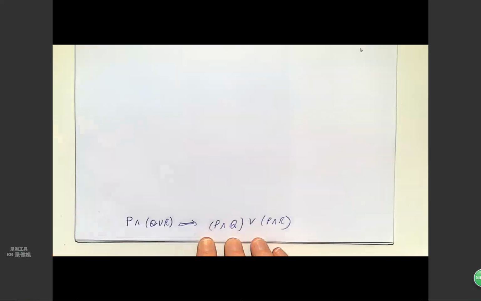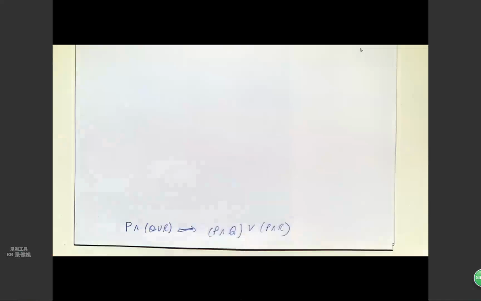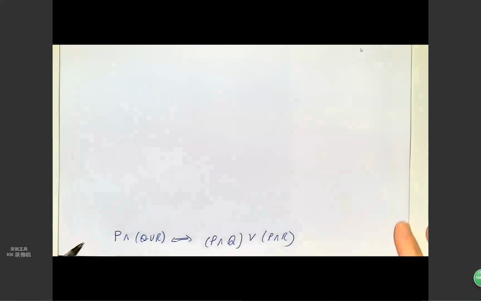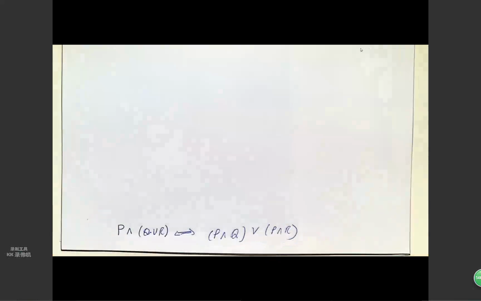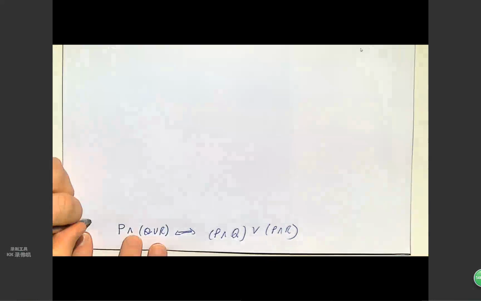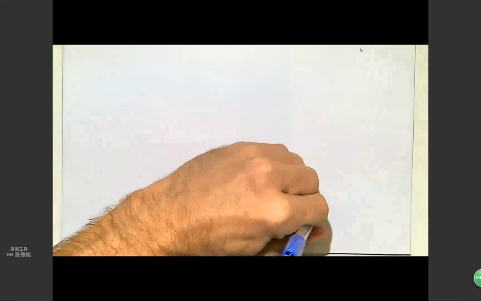That's what I need to prove. That's my conclusion. Is that too small? Should I zoom in? Or no, that should be alright. So that's my conclusion, and I'll draw a line there.